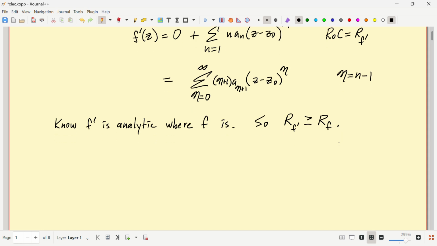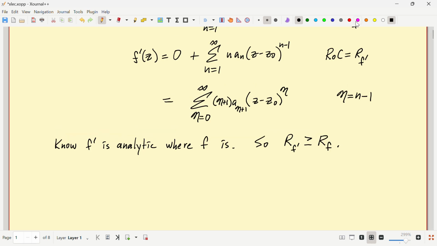And I'm also going to write this f prime as the sum as n goes from 0 to infinity of bn (z minus z naught) to the n.